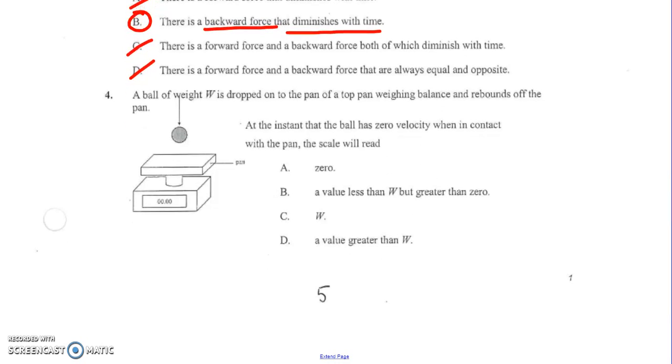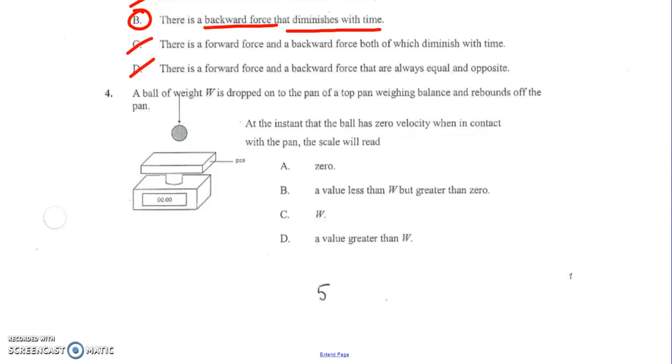All right, and then the last one here on this page 5 is a ball is dropped and it's going to rebound off the pan. At the instant the ball has 0 velocity when in contact with the pan, the scale will read... Some of you may want to say that it's equal to W. But remind yourselves that even when the velocity is 0, the next instant of time, the velocity will be going up, meaning that the acceleration is up.